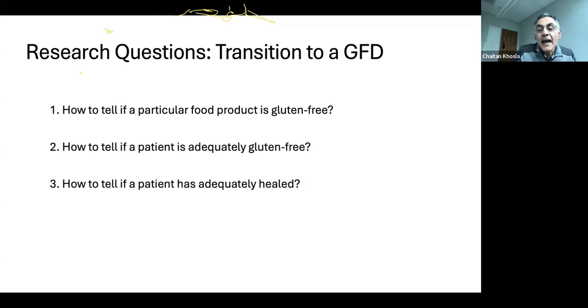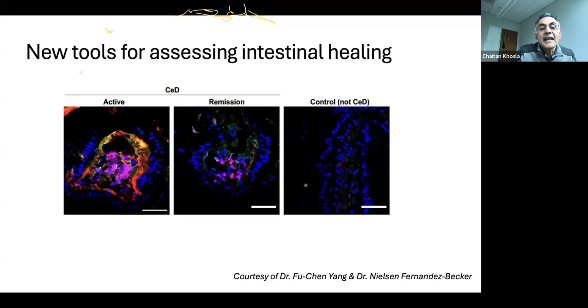The next slide actually shows an example of a tool that Dr. Fernandez-Becker and a postdoctoral fellow in my lab have been piloting.